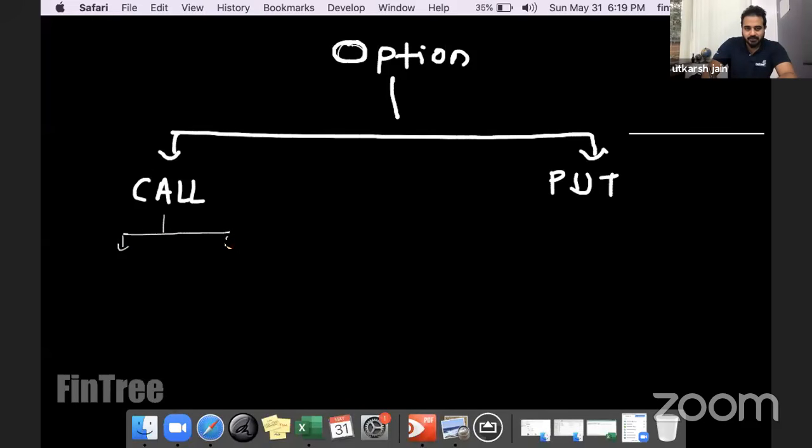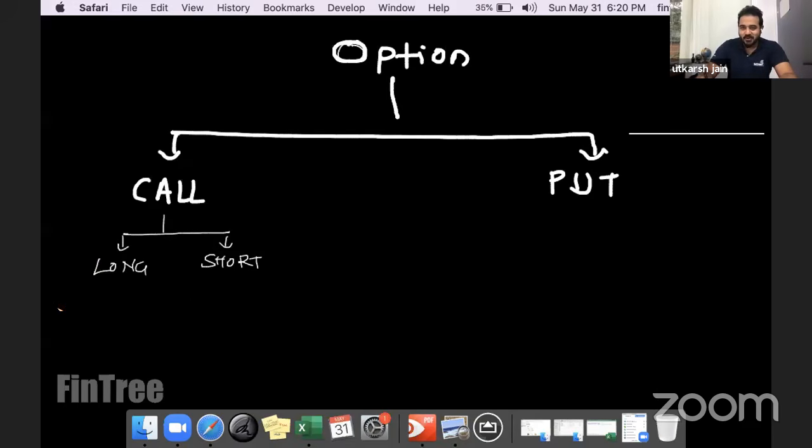Now, within each type of option, you can take three types of position. Tell me which are the three positions that you can possibly take on the call option. You can take either a long position, or you can take a short position, or you can take... which is the third one? Okay, there's just two.